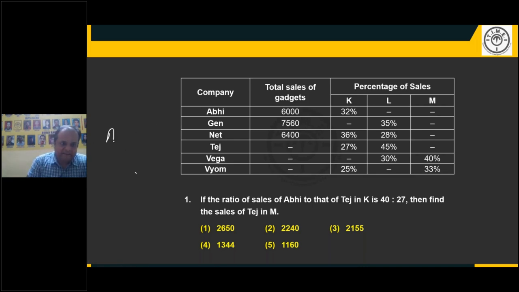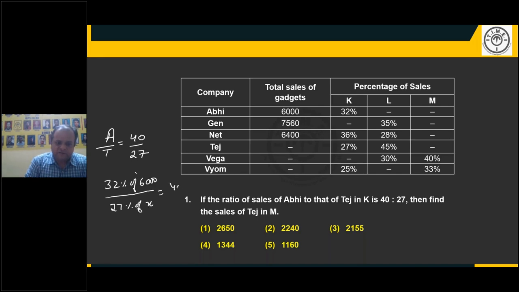So we can see that Abhi to Tej, we have been given a ratio of 40:27, and that is happening in village K. Abhi in village K is 32% of 6,000, right? For company Tej, we have not been given the total value. Let's say that is X. So can we say that is 27% of X?